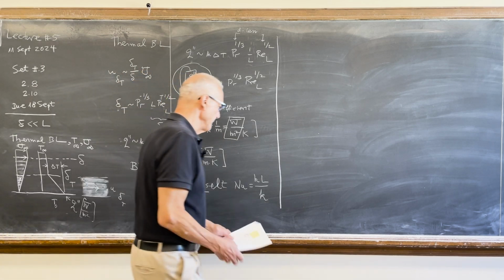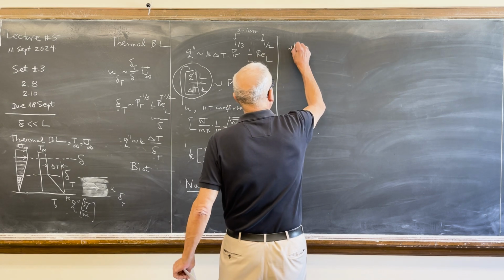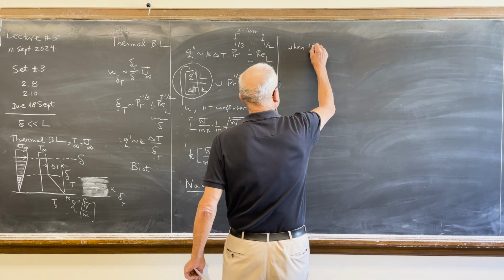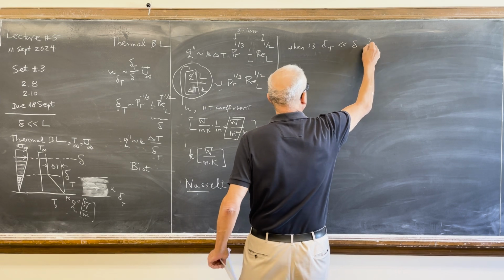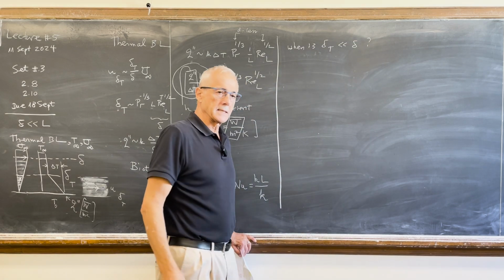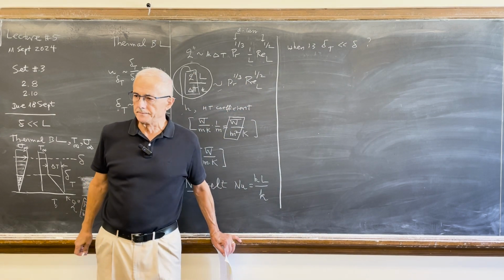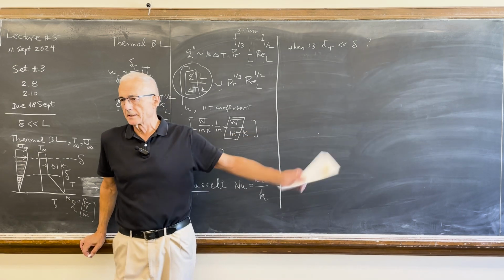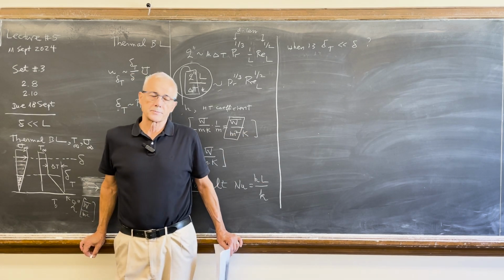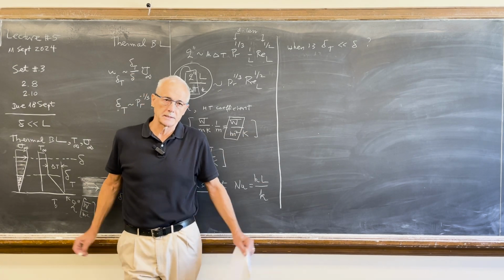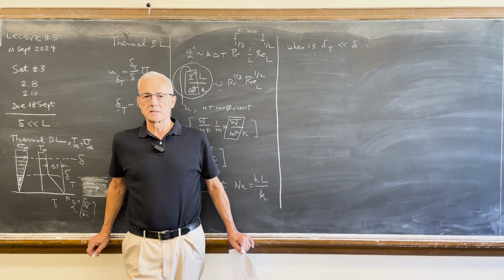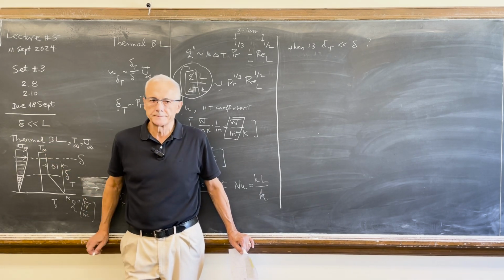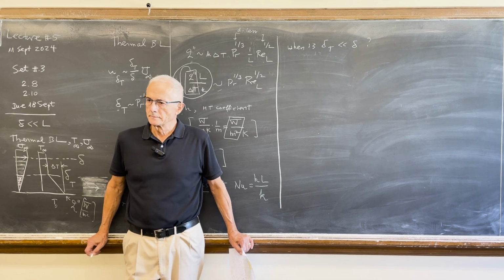So when is delta sub t smaller than delta? Well, we find the answer if we pendulate in the opposite extreme. I spoke last time about the two extremes and the fact that all of us live between those two extremes, literally.